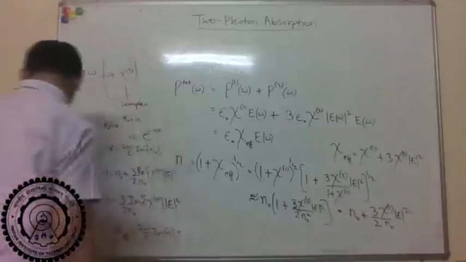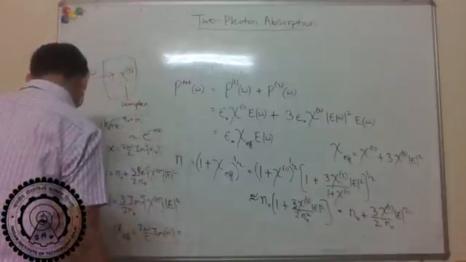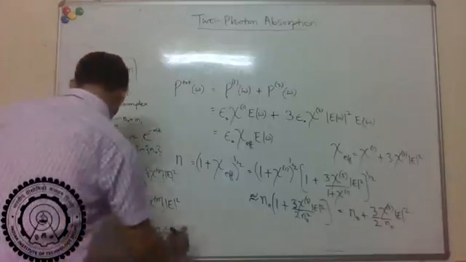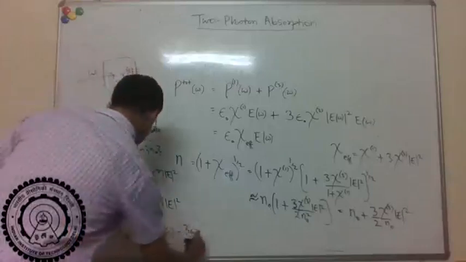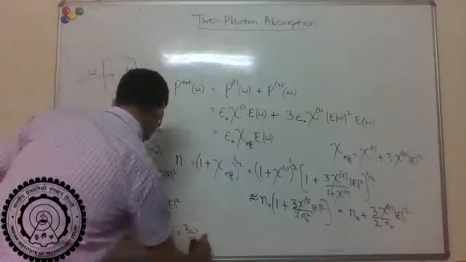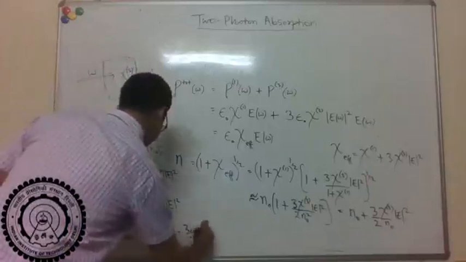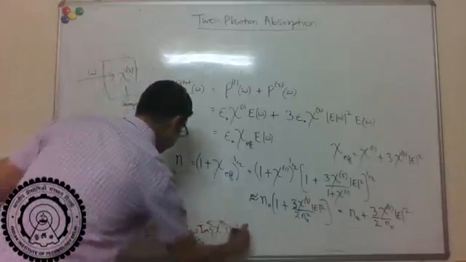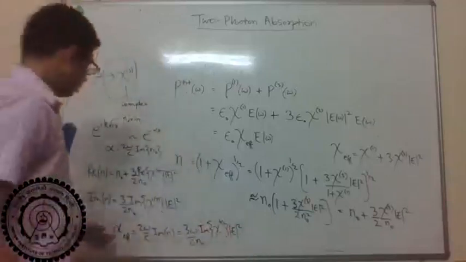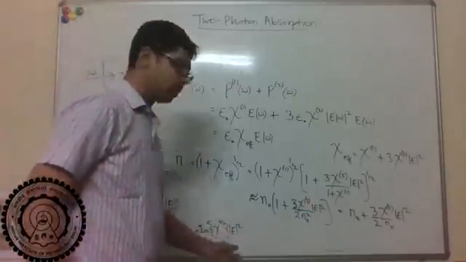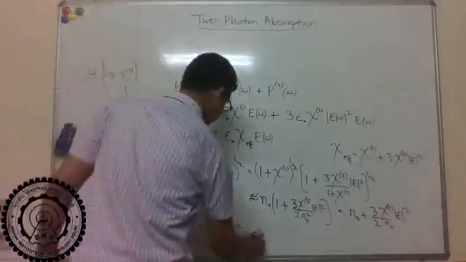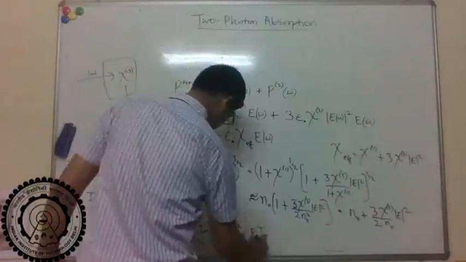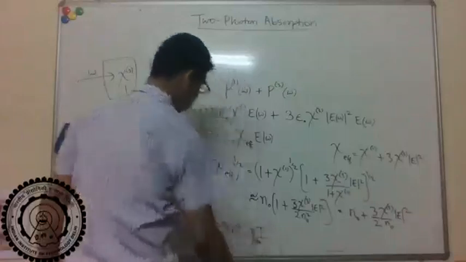So this I can write as, so we get 3 omega over c, right? And again, usually we want to express this in terms of intensity. So if I write this as some coefficient beta times intensity, usually it's referred to as beta with subscript TPA, denoting two-photon absorption.